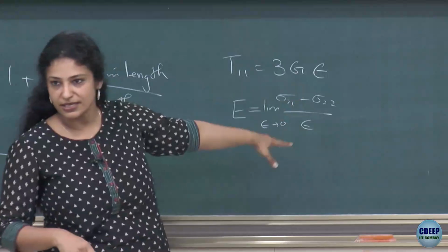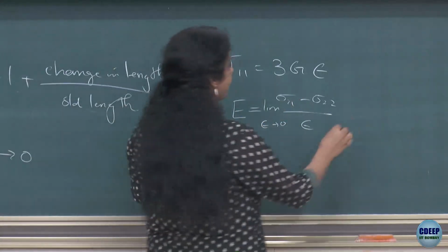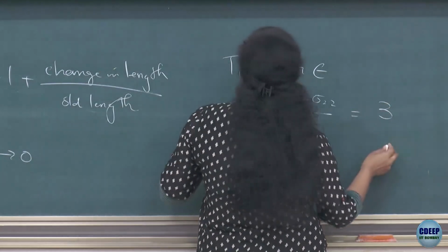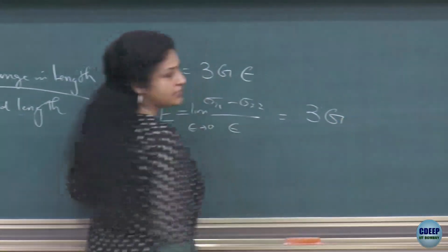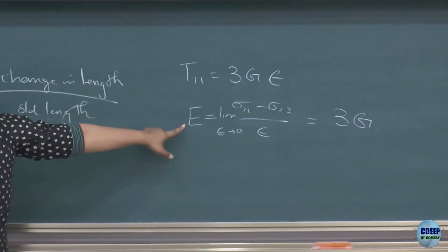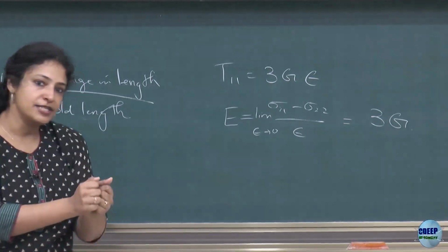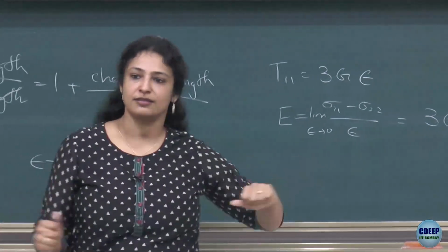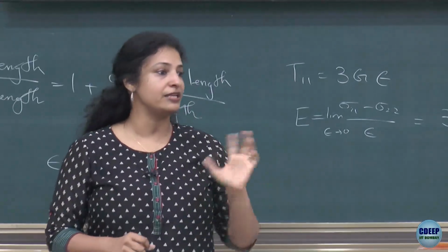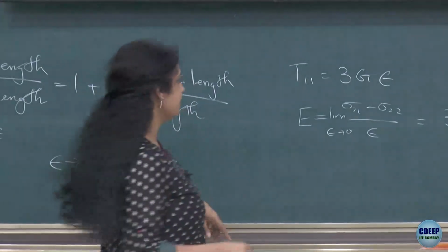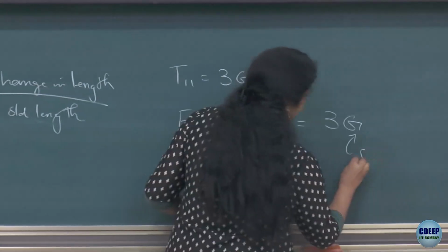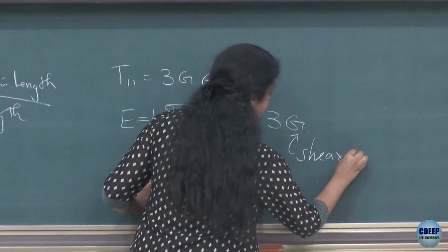So, it's an equivalent expression, and what we are getting here is that the Young's modulus is nothing but 3 times G. Right? So, what was an extensional modulus can be shown to be 3 times the shear modulus.